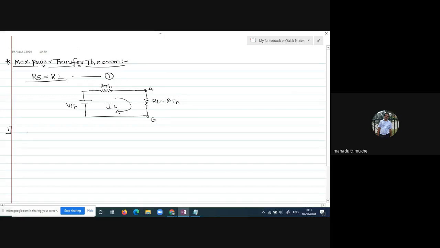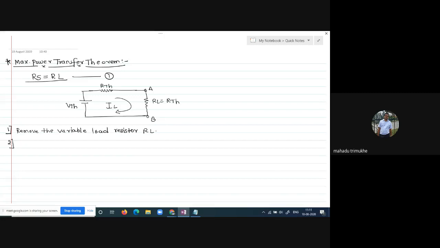That is step number one, a very important step. Remove the variable load resistor RL.